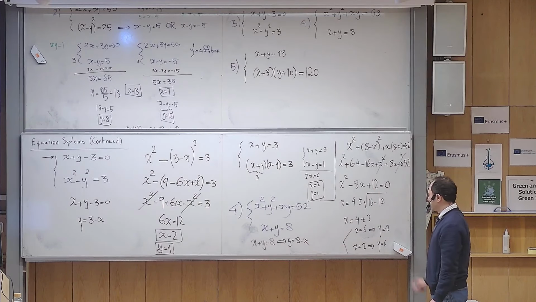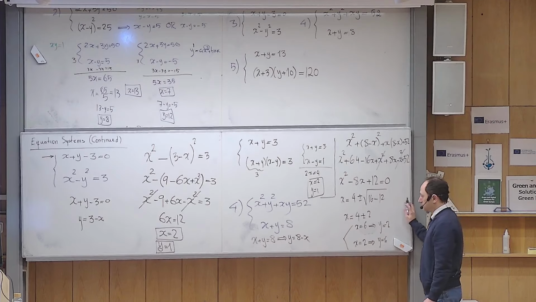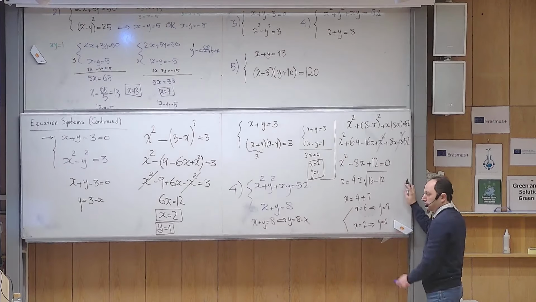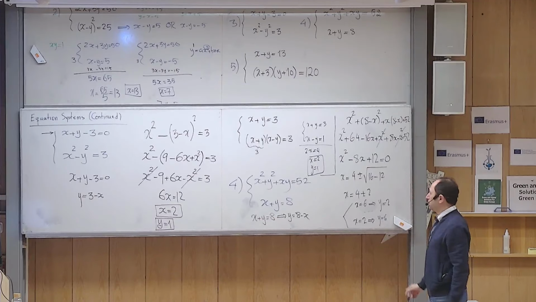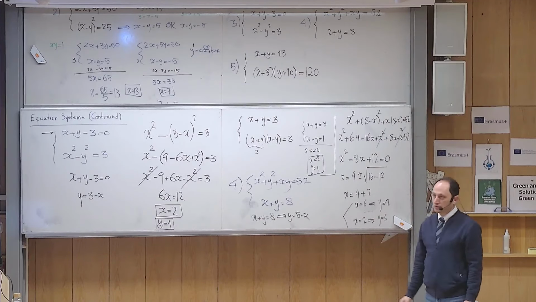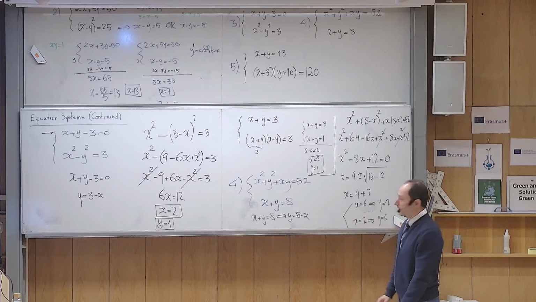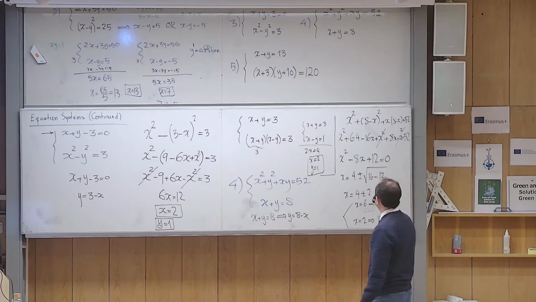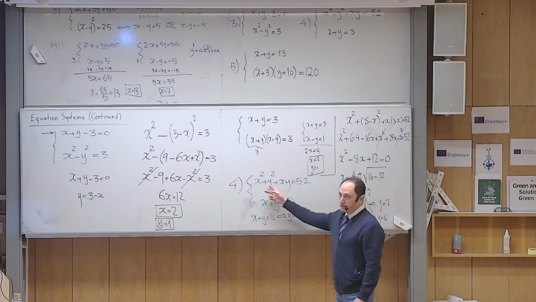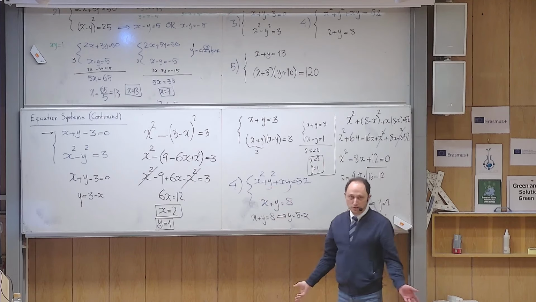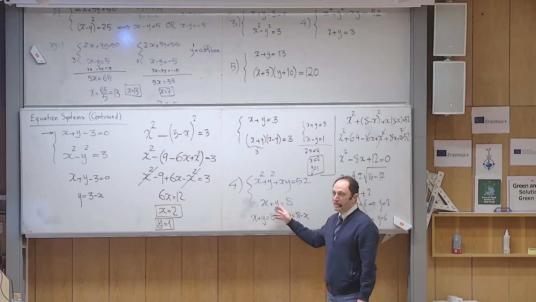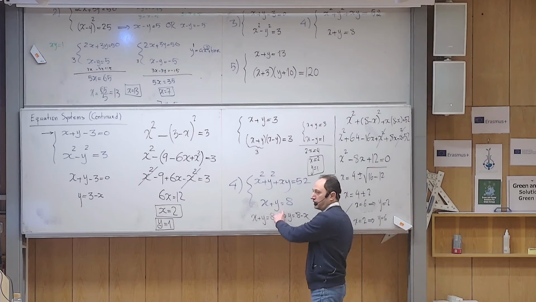So I want you to understand we have 2 pairs: 6 and 2, 2 and 6. By the way, could you predict that there will be 2 solutions? Why? Because this equation is symmetric with respect to x and y. x and y are just names. If I change x to y, y to x, this equation will be the same.